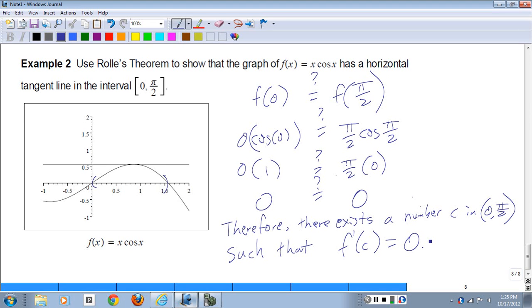And at that C, there'll be a horizontal tangent line. So it looks like it happens right there. But I don't know exactly what the value of C is. On your calculator, you can punch this in, do the second calc maximum thing, and it'll give you a nice approximation for it.